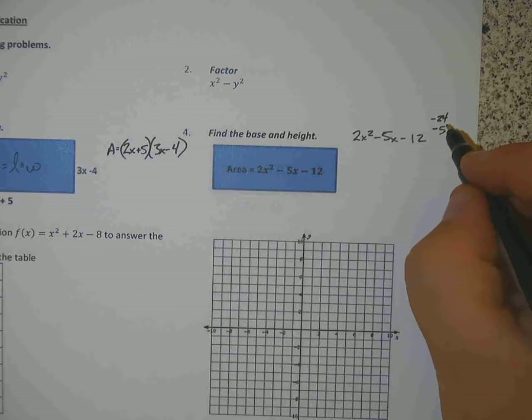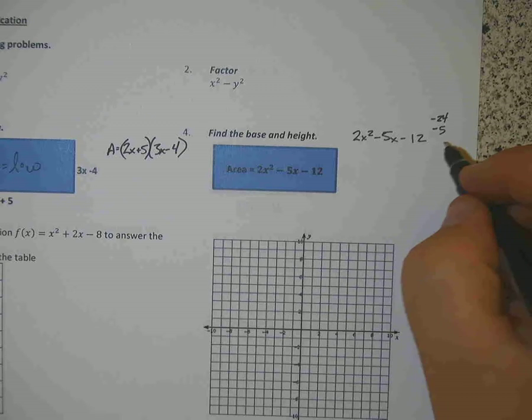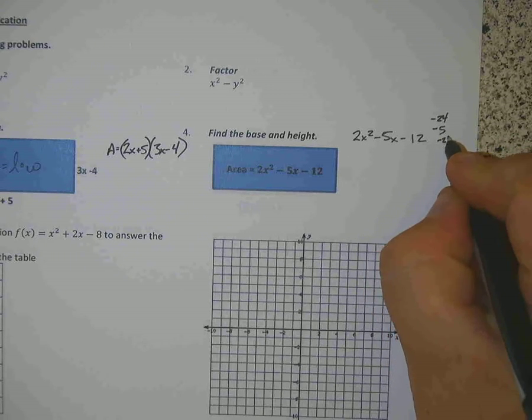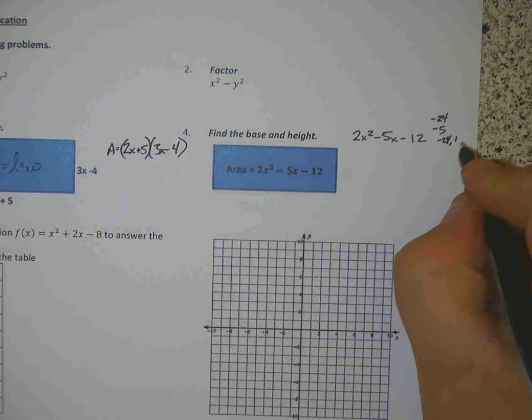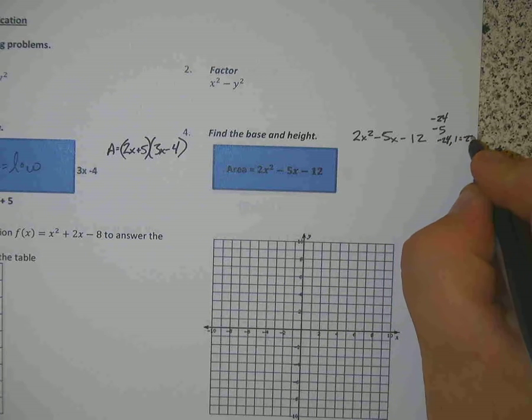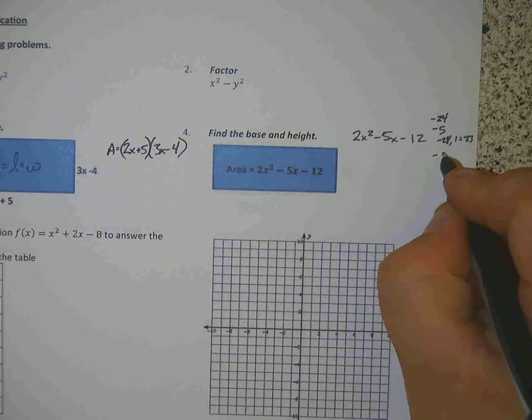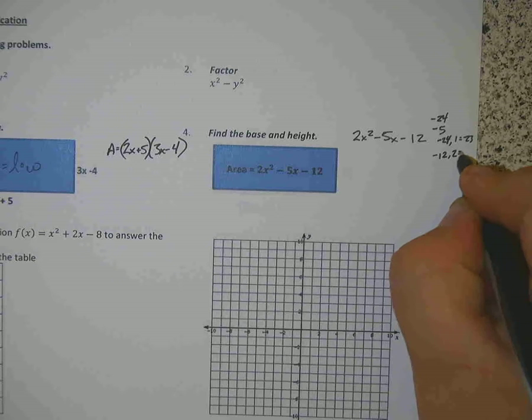And so looking at that, maybe I can go through the whole list if I want to. I can go negative 24 and 1. That's going to be a negative 23. Maybe I jump a little bit and let's go negative 12 and 2. We'll just go down the line. That'll be negative 10.